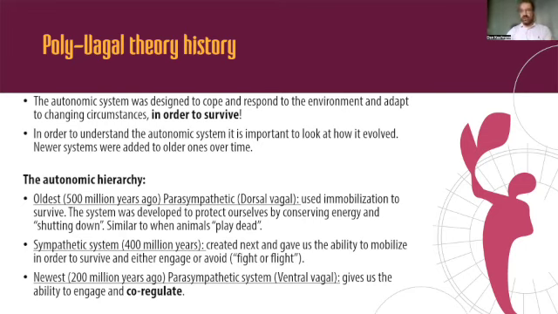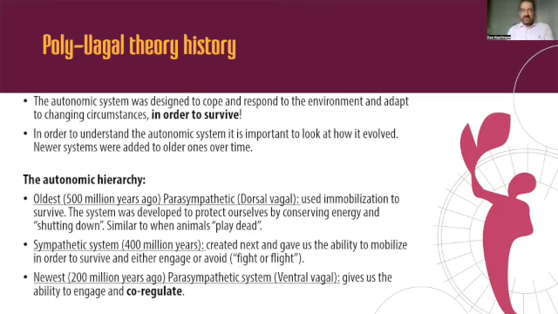Whenever that organism 500 million years ago was faced with some sort of danger, in order to conserve energy, in order to make sure that the organism will survive, the system just shuts down. This is similar to, I don't know if people have experience watching an opossum or animals that, when there's a threat, just kind of play dead.